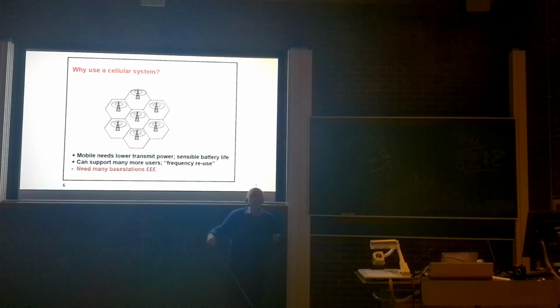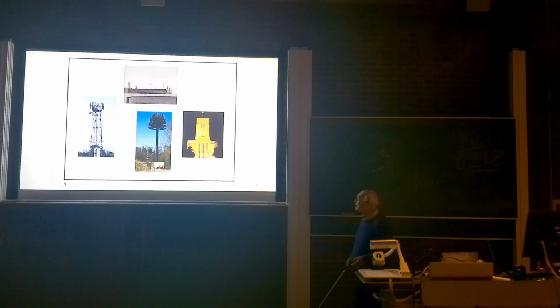You can use the same piece of bandwidth over and over again, depending on the spacing. But to do that, you need many base stations, and that costs quite a lot of money. So these are the kind of things you have. Here are the aerials, the antennas on the top of the tower. This is one. How many of you have seen that one?